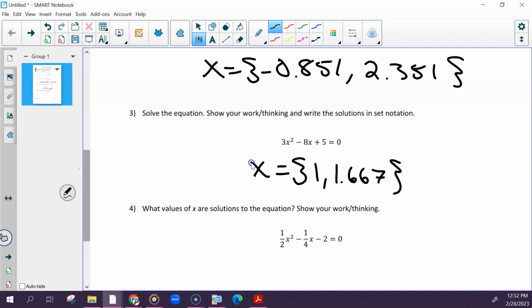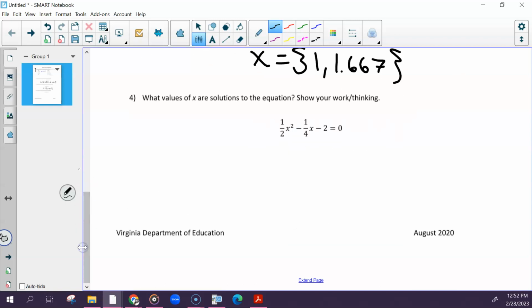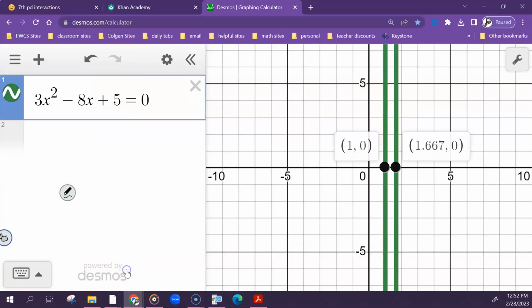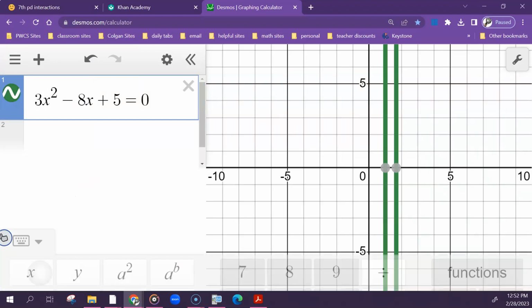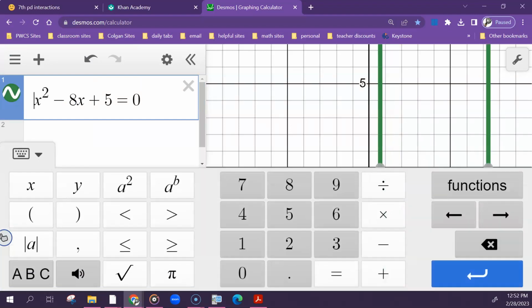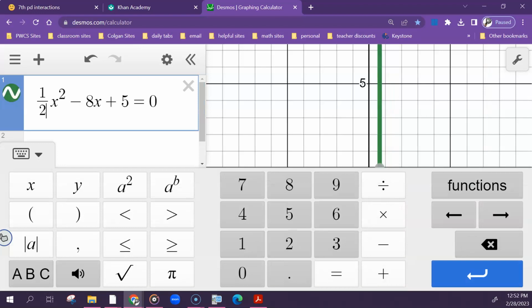And then same thing for the last one, except now it has fractions. So 1/2 x squared minus 1/4 x minus 2.